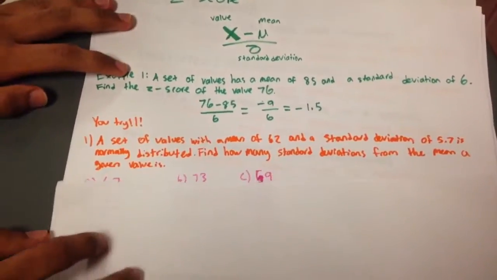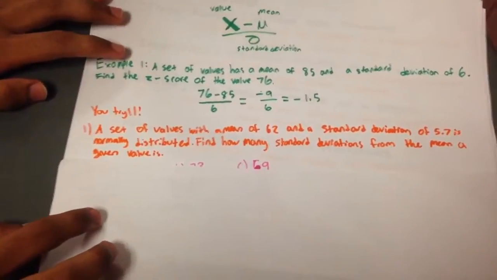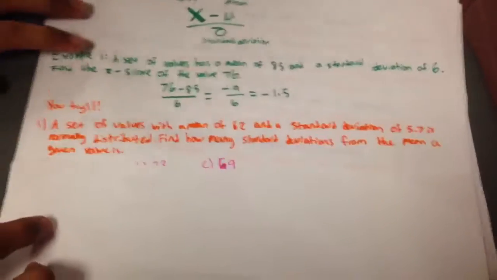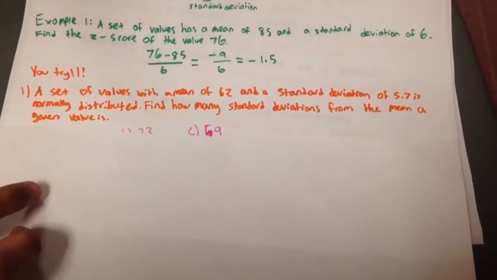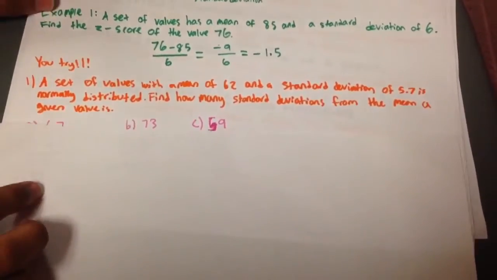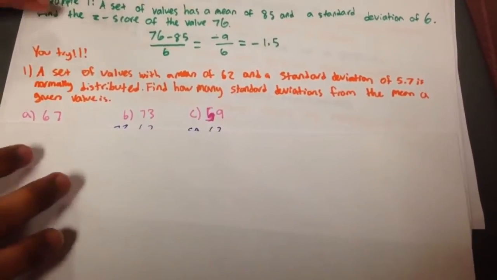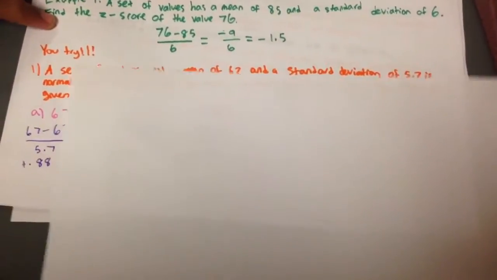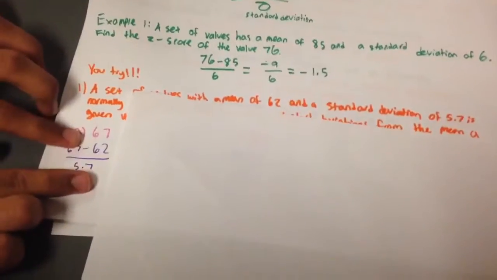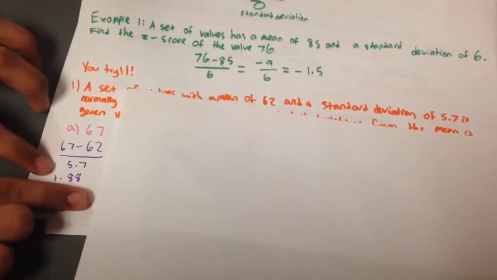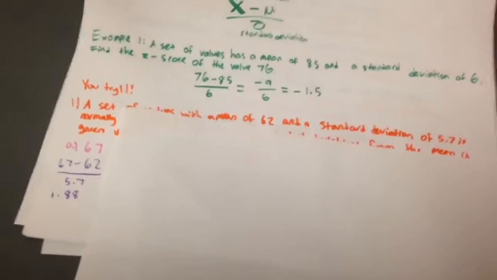Now let's look at another example. A set of values with the mean of 62 and a standard deviation of 5.7 is normally distributed. Find how many standard deviations from the mean a given value is. So the first value is 67. So we do 67 minus 62, which is the mean, over the standard deviation, and then we get a positive 0.88.